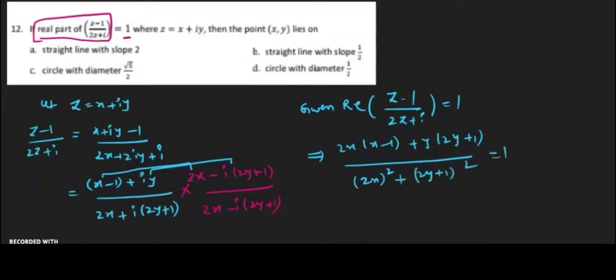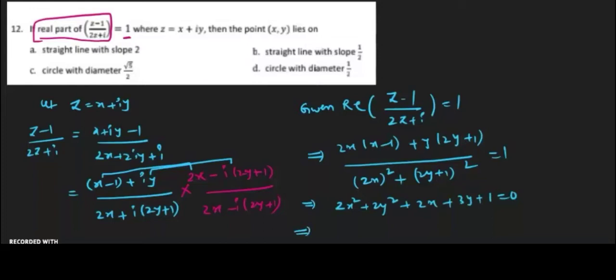This is the real part of the given complex number. So after simplification, we will get the final equation as 2x^2 + 2y^2 + 2x + 3y + 1 = 0.